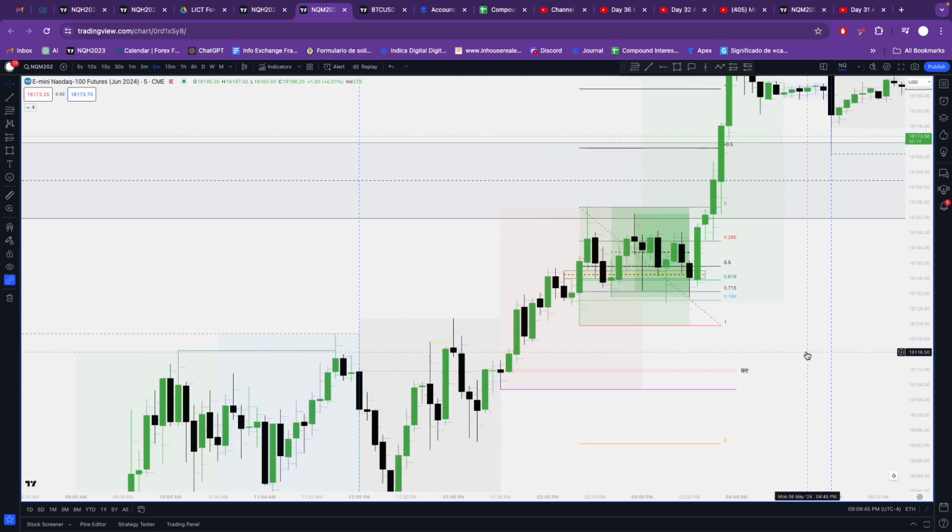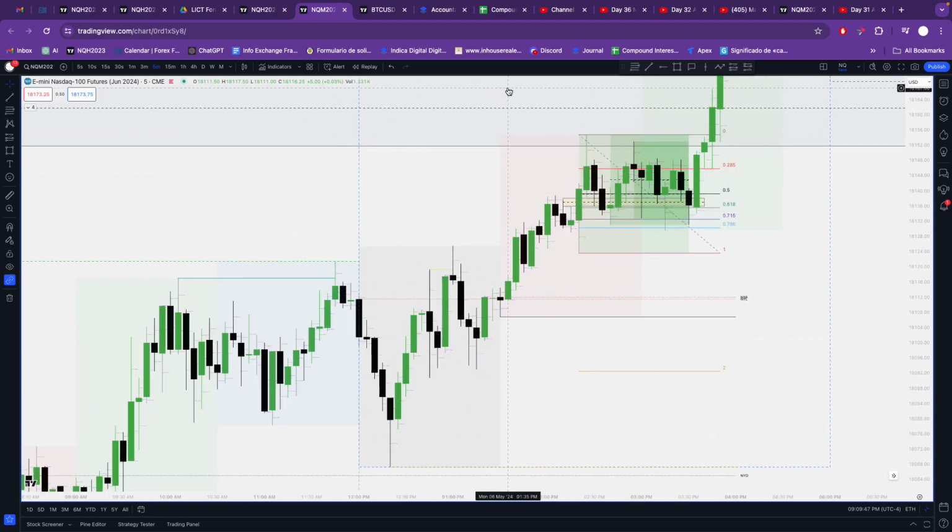So I was thinking that we would go short. Also, this is a volume imbalance up here. I was thinking that we'll go short, but we don't get our stage one until here because we take out this market structure shift here. Drawn liquidity, market structure shift. Boom. This is just a classical 2022 model.